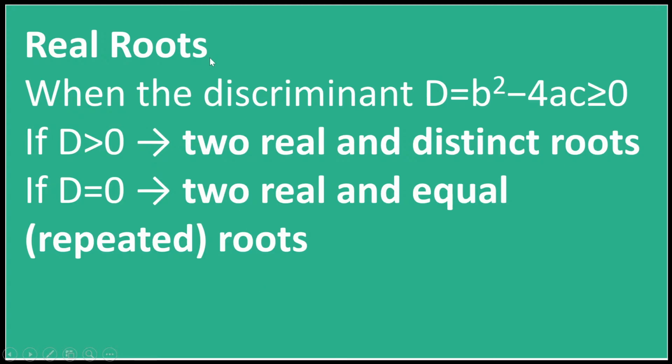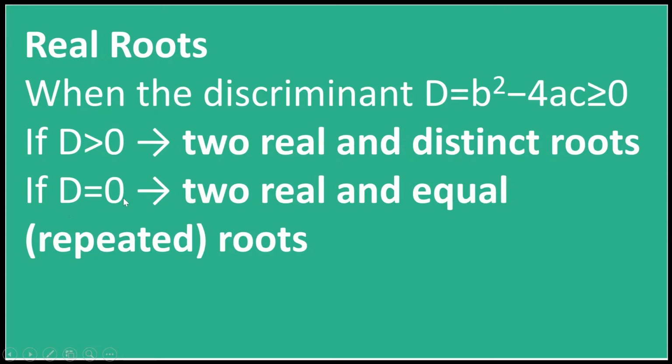Before starting the topic, we must know about real roots. So what are real roots? When the discriminant, D, which is equal to b square minus 4ac, is greater than 0 or equal to 0, there are two cases. If the discriminant is greater than 0, it gives two real and distinct roots.